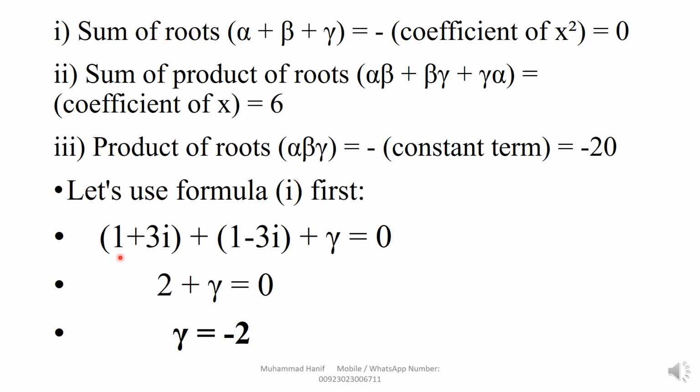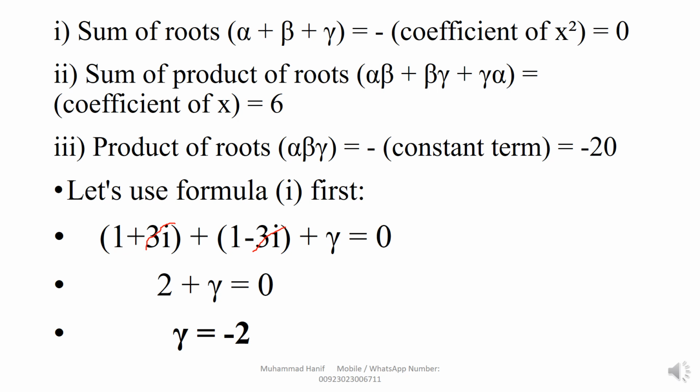Now we simplify. 1 plus 1 we get 2, and 3 iota minus 3 iota cancel, because one is a plus sign and the other is a minus sign.